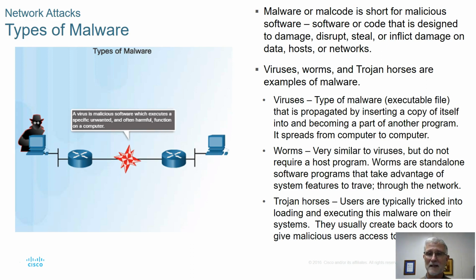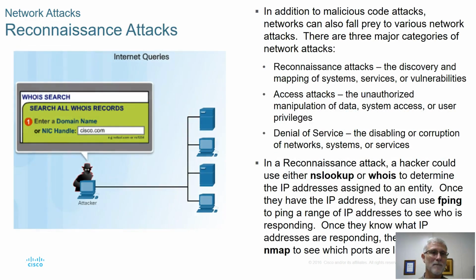So worms can kind of stand alone as they travel through the network. The third one is a Trojan horse, and that's where users are typically tricked into loading software, which then would execute this malware on the system that just got loaded. So usually it'll create a backdoor to get into the system, getting access to it.